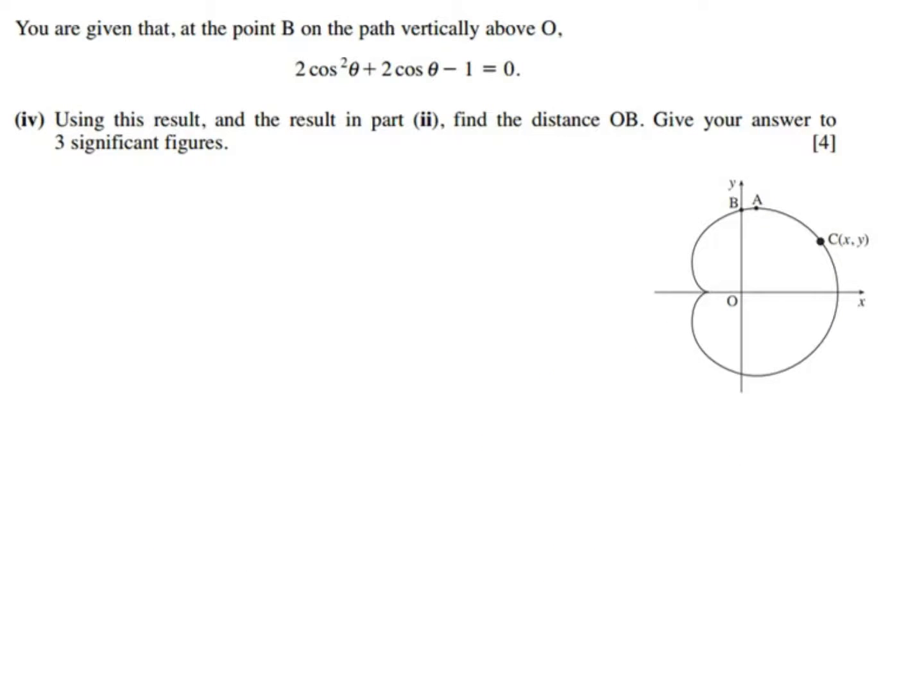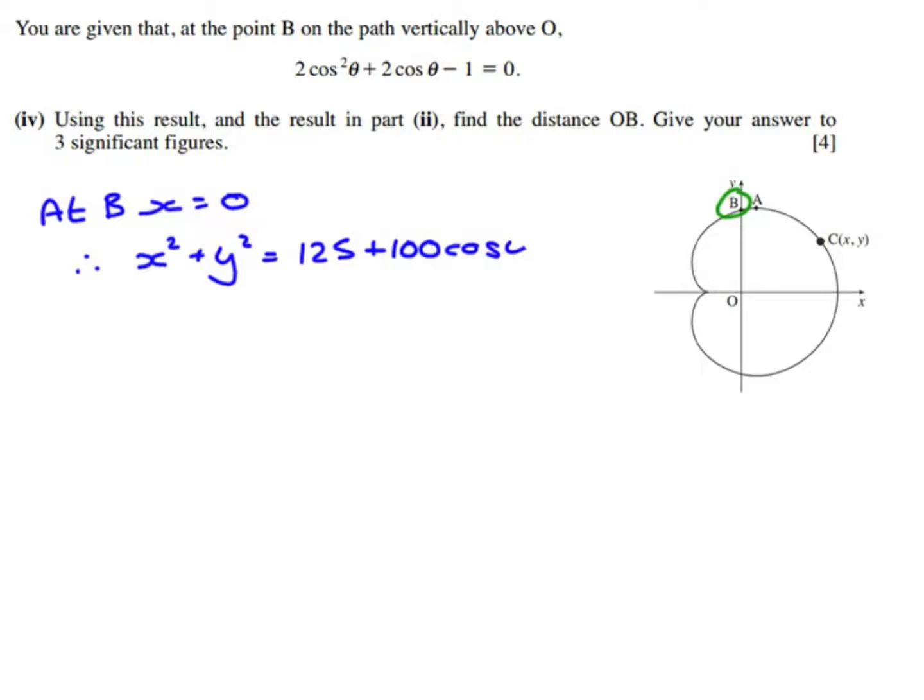Now in the final part of this question we're given another formula and we're asked to use it and our result in part 2 to find the distance OB. Now the first thing to notice here is that at B the x-coordinate is 0. The formula from part 2 is that x squared plus y squared is equal to 125 plus 100 cos theta.